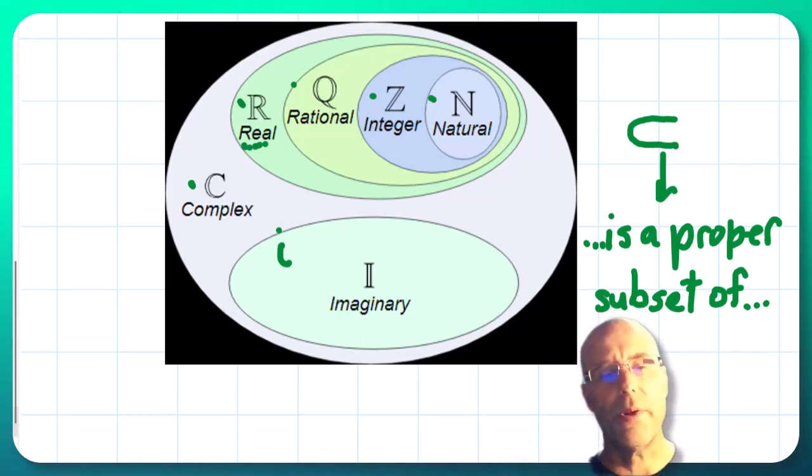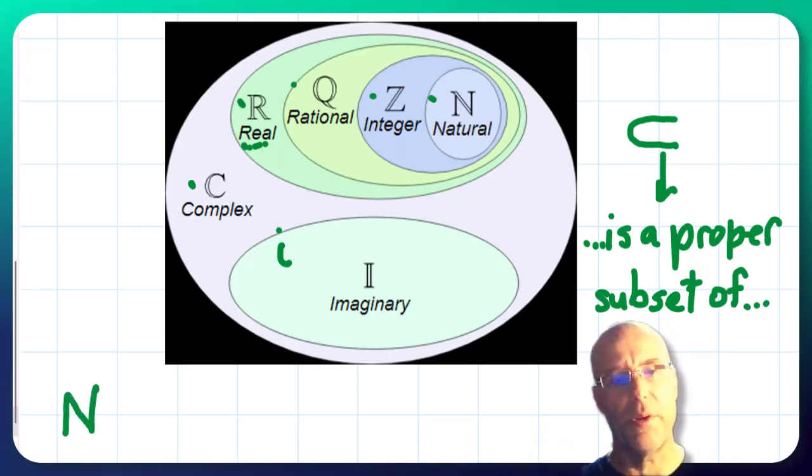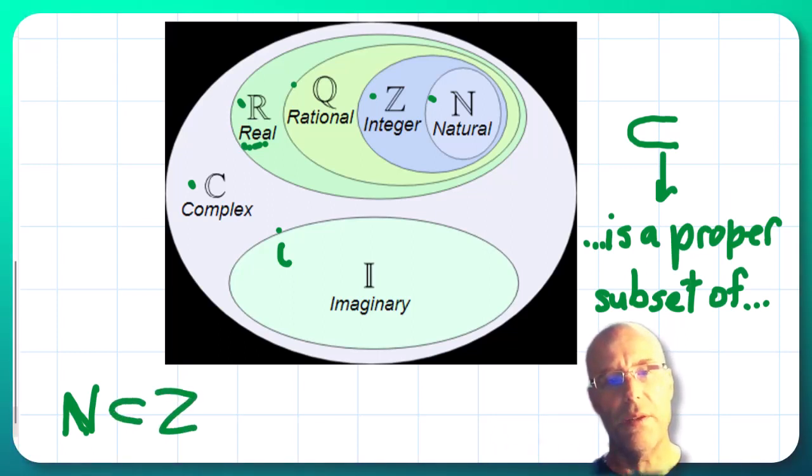We can evaluate the relationships in one certain way when we look at the smaller set here, which is natural numbers, boldface N, which we learned in a previous video, and that is a proper subset of Z, the integers.